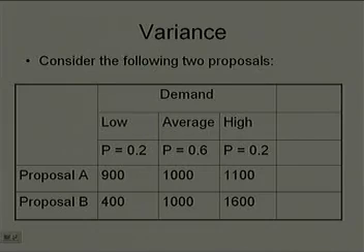Now suppose we have to choose between the two. Suppose you are the manager and your two subordinates have given you estimates like this. Which one would you like to opt for? That means out of the two proposals submitted by two different individuals, which one will instill more confidence in you?